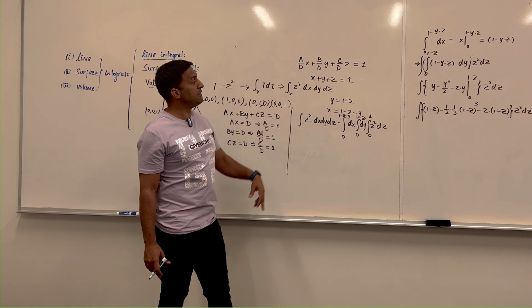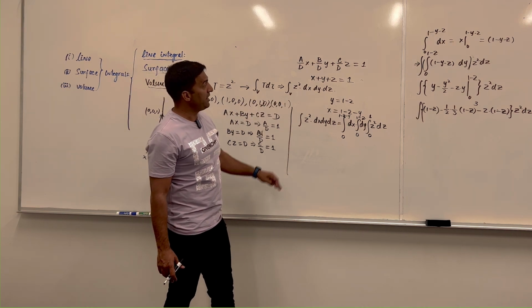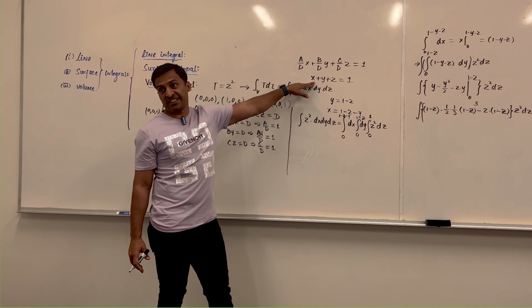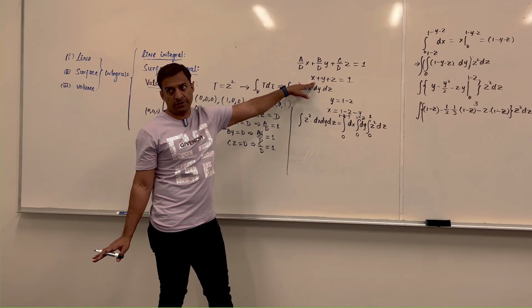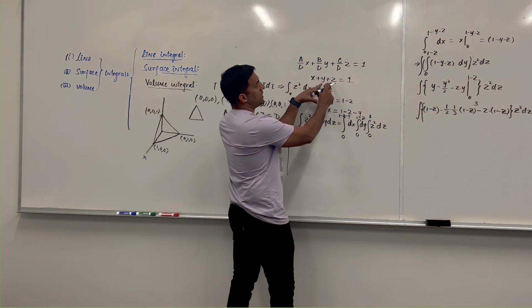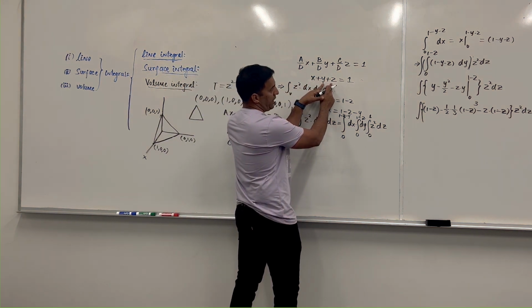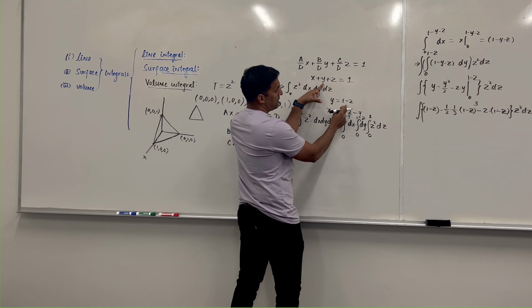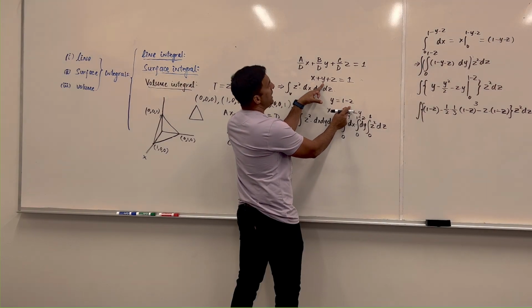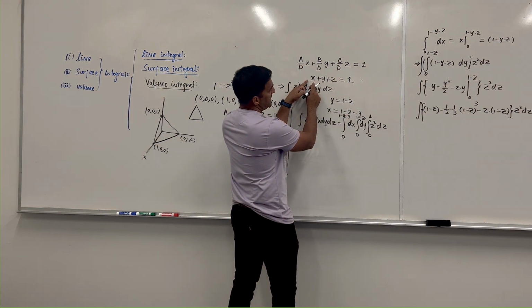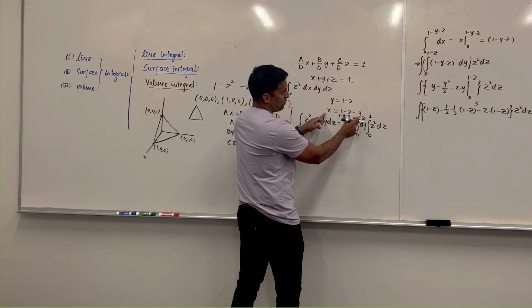How do you find limits? You say, let me start my integration in the yz plane. For this problem, that's your choice how you do it. So you substitute x equals 0 and you find the relationship between y and z, and so you find y equals 1 minus z. Then you go back and say, now my x limit will be 1 minus z minus y.